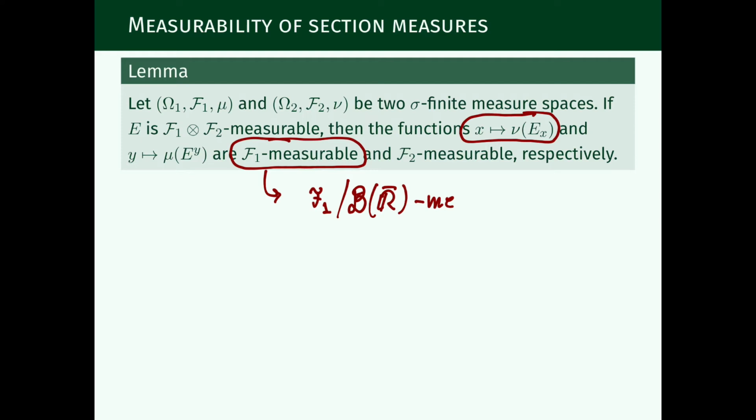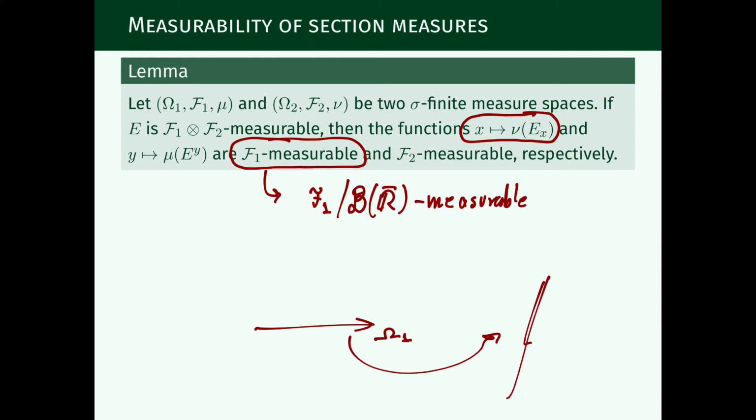So it is measurable as a function from omega 1 to R, or to R plus. It only takes non-negative values, and this function will be measurable. This is what the lemma is saying.